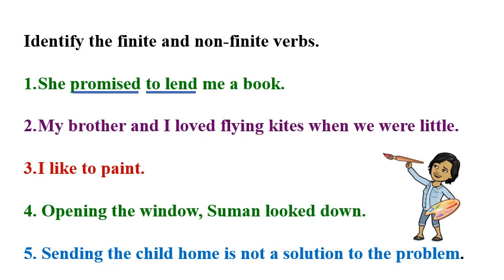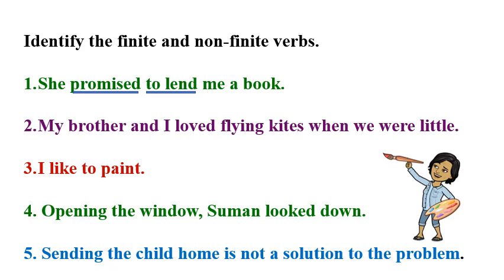Now, let's find out whether these are finite or non-finite verbs by thinking about the rules we learned just now. Look at the first verb, promised. Before this verb, there is a subject, she. So this verb promised has appeared right after the subject in this sentence.